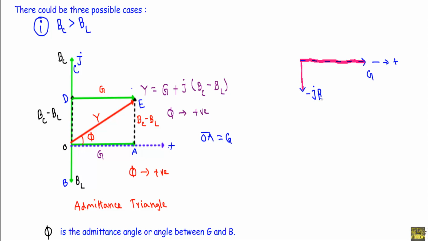From the neat sketch you will see I indicated this JBL with OB. After that I will draw plus JBC. From the neat sketch you will see I indicated JBC with OC.